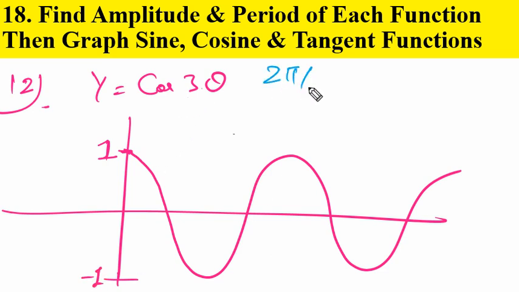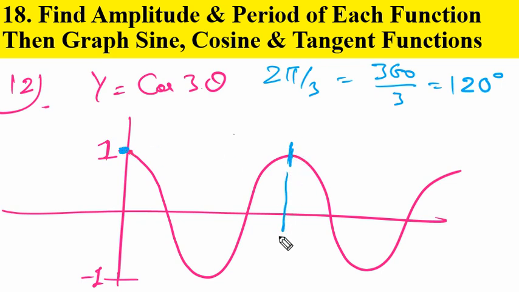So 2 pi over 3. So 360 over 3 will give you 120. So the one complete cycle, from this point up to this point, should be completed within this 2 pi over 3 or 120 degrees. So check that cycle, and if that cycle is completed here, then that is your option.